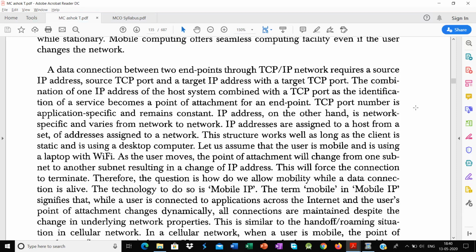So to provide constant data to your network, this term is implemented over here, and that is called mobile IP.